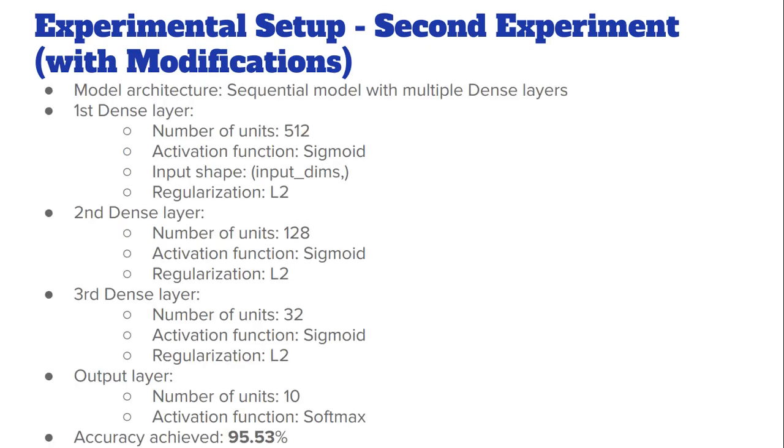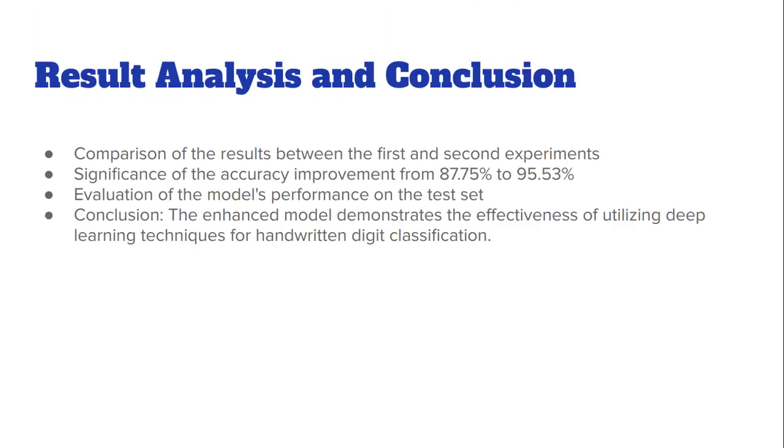After this we finally achieved 95% accuracy, and we used three sigmoid layers and one softmax layer at the end.